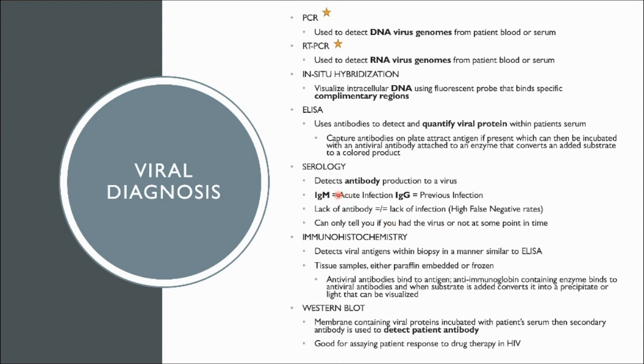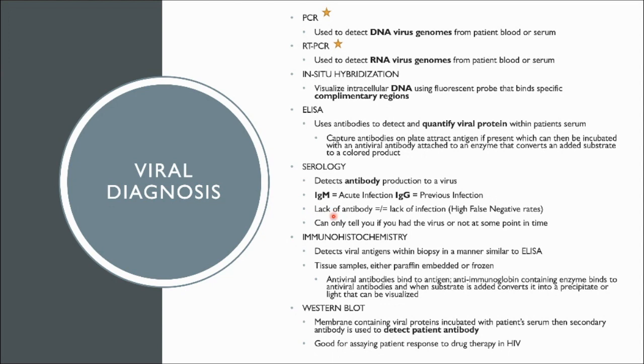One is all it does is detect antibody production at any point for a virus. If you've been infected with the virus, you're going to develop antibodies to it if you have a functioning immune system. In the acute stage, this can be helpful if you have IgM to the virus. That tells you you have recently been infected.